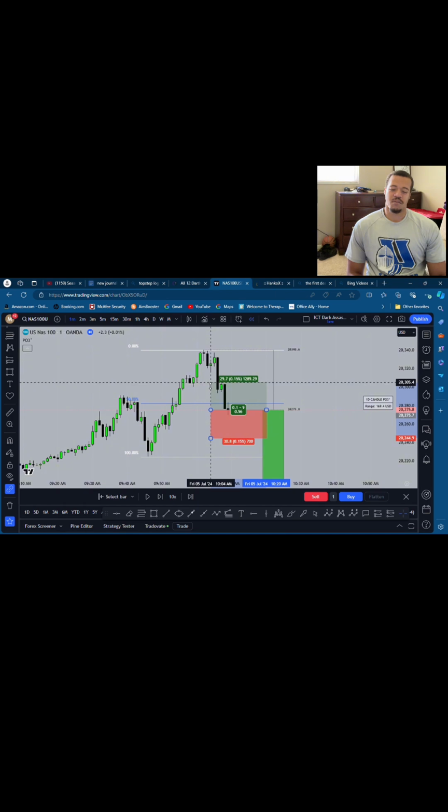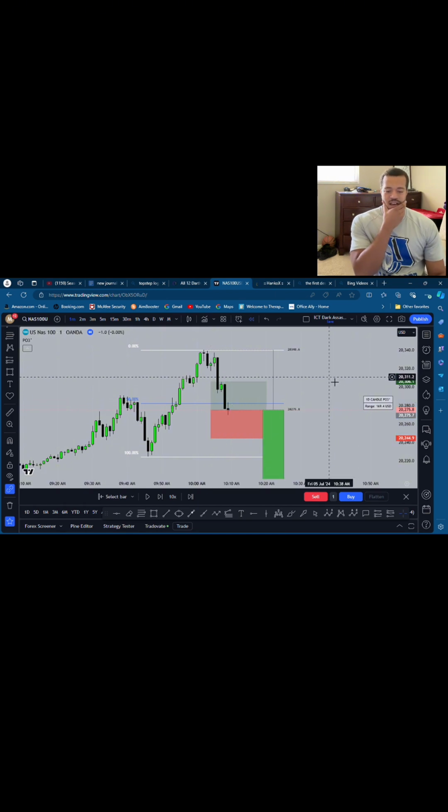So I don't know if this will happen, but I've been noticing when it comes back lethargic, like slow, it's going to hit off of it early, close to the 50%. But I feel like when it goes really, really fast down, it's going to go deeper.